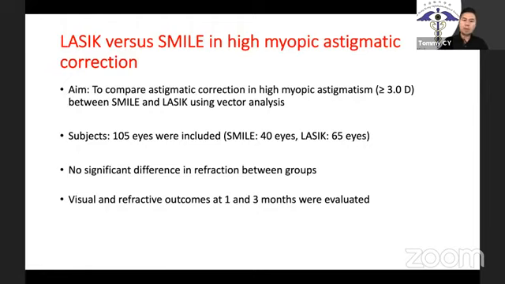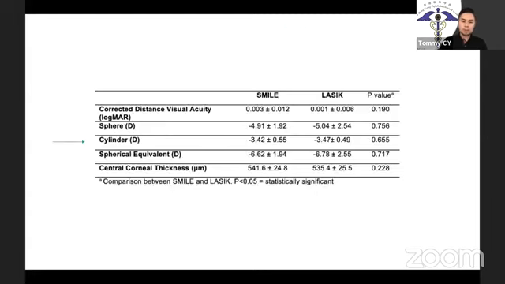Then we evaluated patients who had high myopic astigmatism, which we defined as 3 diopters or more. We had 40 eyes undergo SMILE and 65 eyes undergo LASIK, with no significant difference between the groups. We also evaluated the postoperative 3-month results.